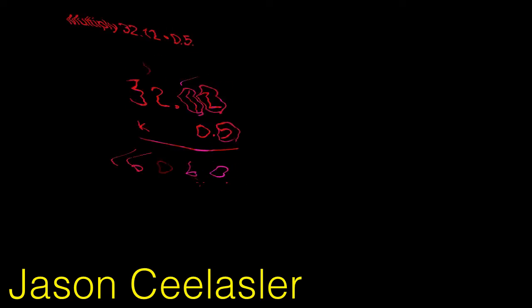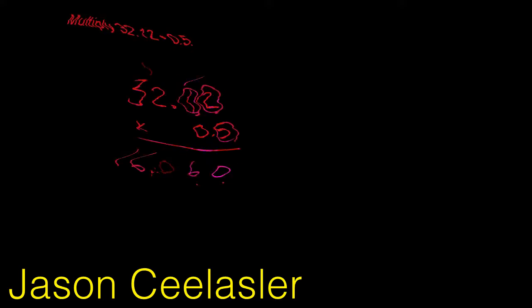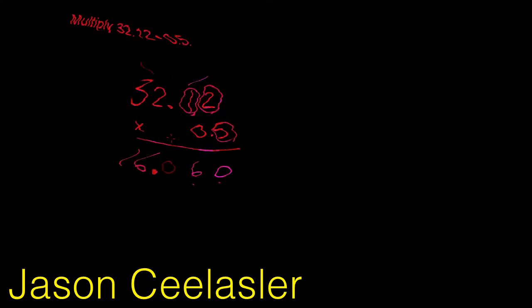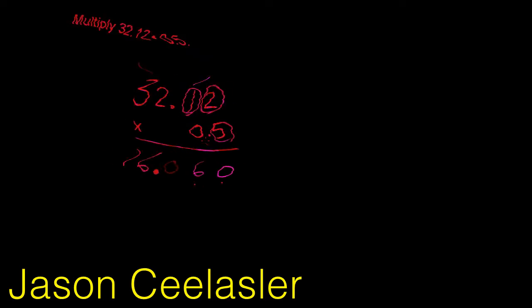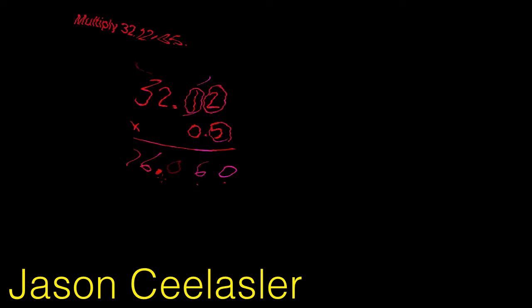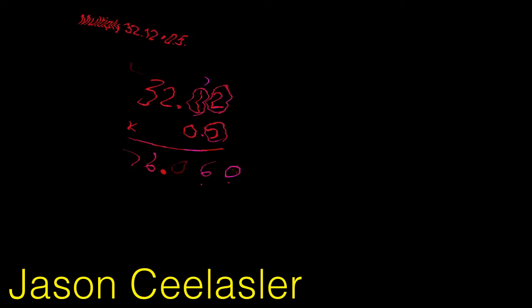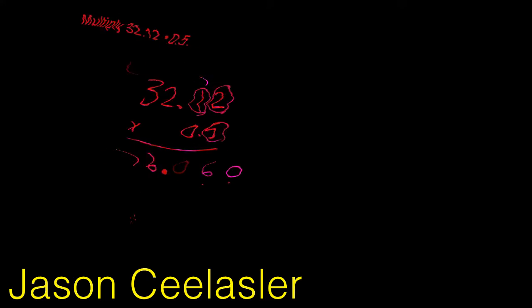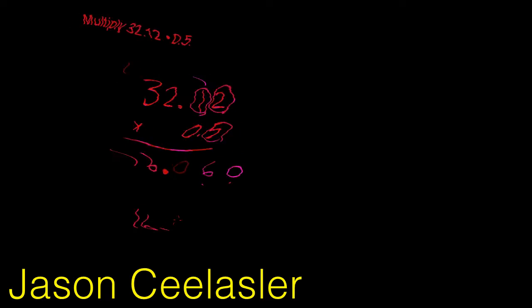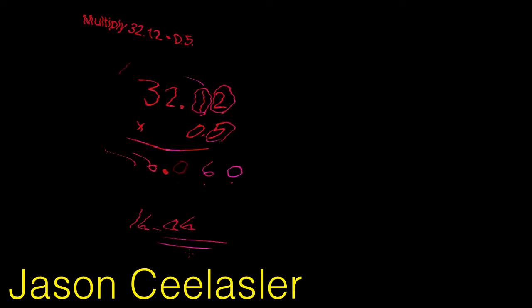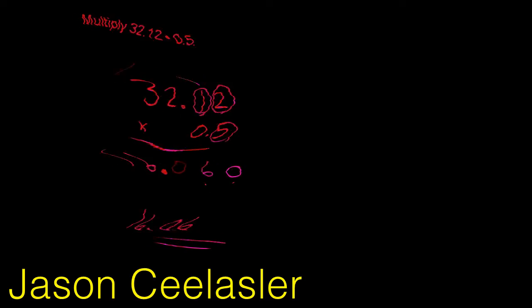So we go 1, 2, 3, put the decimal right over there. So 32.12 times 0.5 is 16.060. And this trailing 0 right here we can ignore because it's really not adding any information. So we can just write this as 16.06.